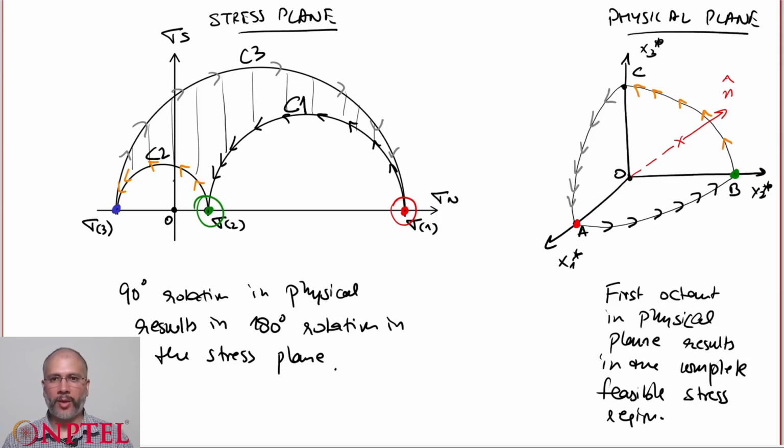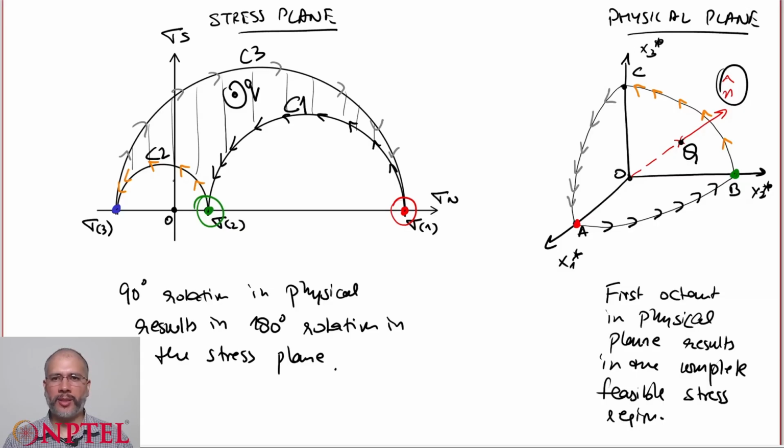Now if my normal was arbitrary, that is, if it had some location like it has here in n hat in the physical plane, where it intersects the octant in a point Q here, then that point Q will be some general point small q in the stress plane.